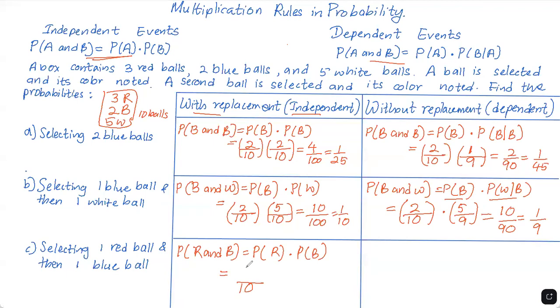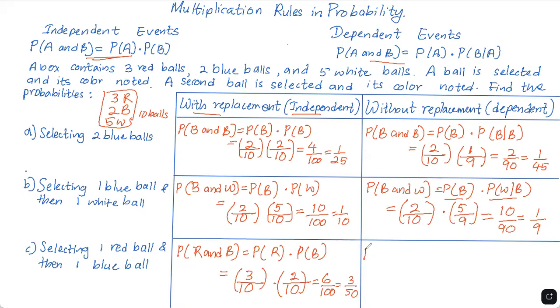How many of them are red? 3 red balls, times, with replacement, we have 10 balls for the second selection. And how many of them are blue? We have 2 blue balls. So this is 6 over 100, which is 3 over 50.